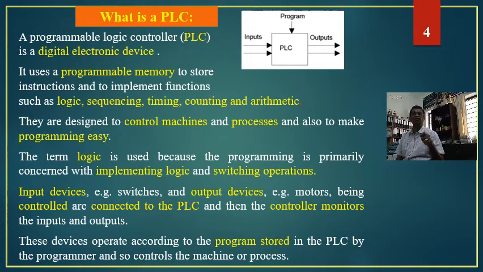And even when programmed, the program should be very nicely written. Otherwise, PLCs may not function effectively or optimally. That is why it is the program stored in the programmable memory that decides how exactly the PLC functions or works.